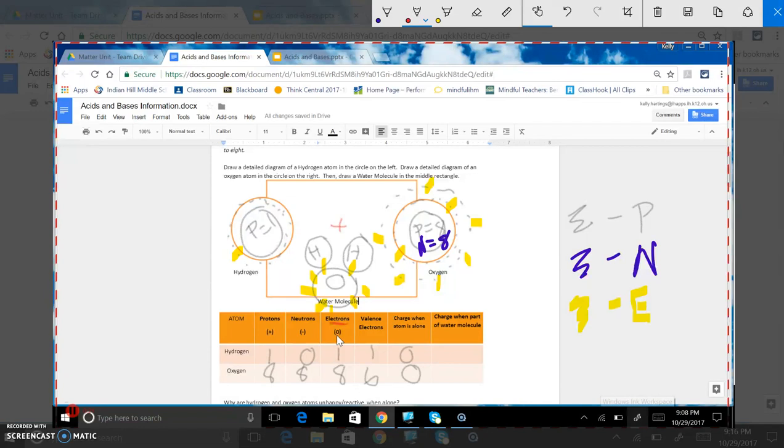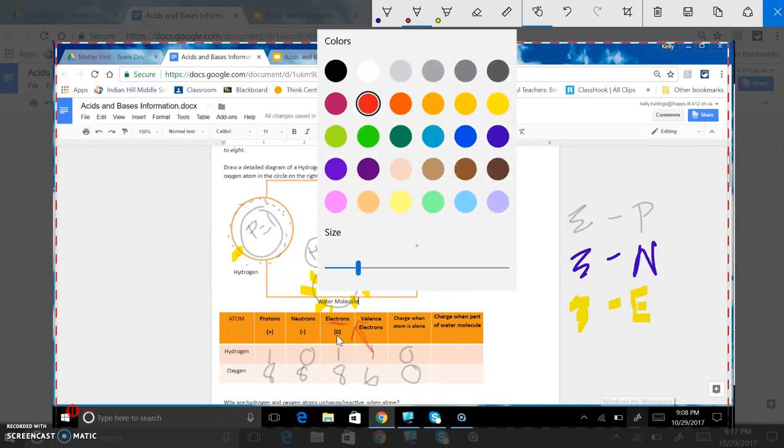And so this causes a water molecule to be polar, which means that it really has a 0 charge. However, one side has a positive charge and the other side has a negative charge. And that will be important for properties that we're going to talk about having to do with water the rest of this unit.